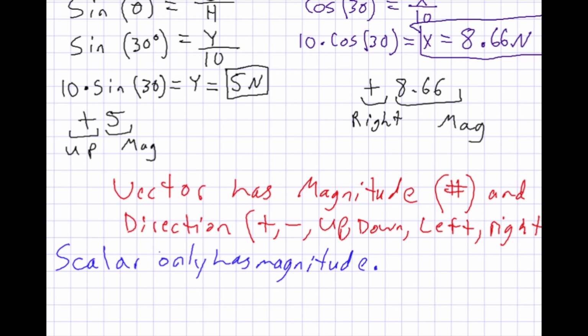I don't know what direction I'm moving in. And that's the difference between vectors and scalars. Vectors will tell us how big our number is, the magnitude, and also what direction that number is pointing in. A scalar will only tell us how big that magnitude is.